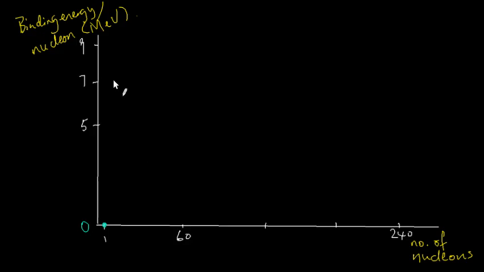So helium would have a binding energy per nucleon of close to 7. So let me put a circle there. That's for helium. And the next element is lithium. So lithium is around here, a bit more than 5.